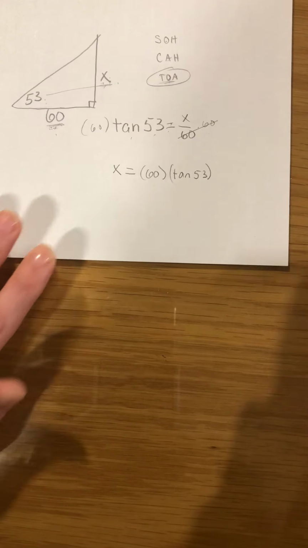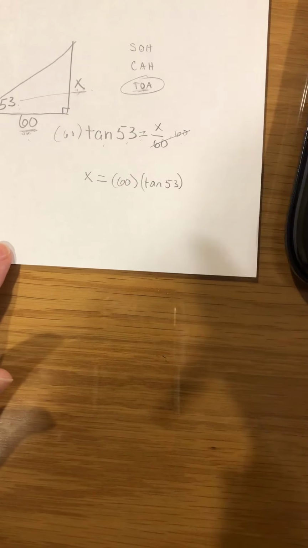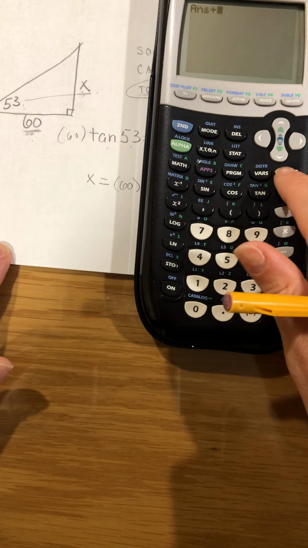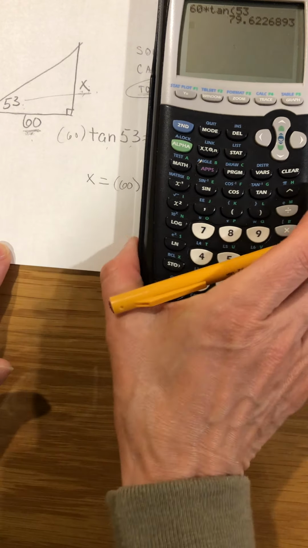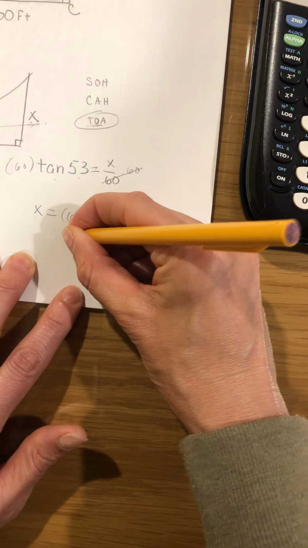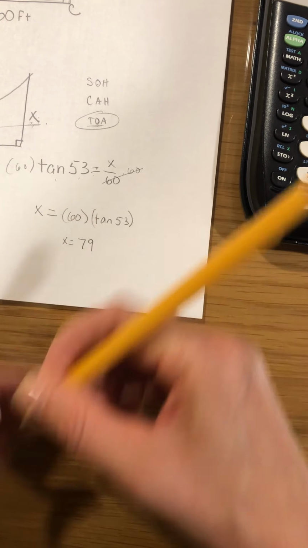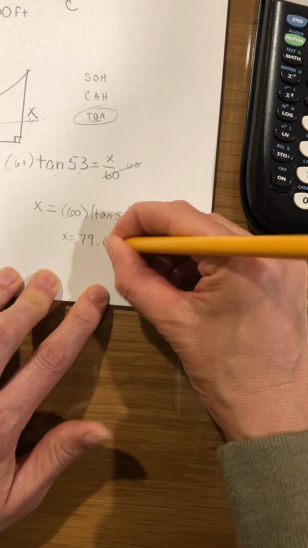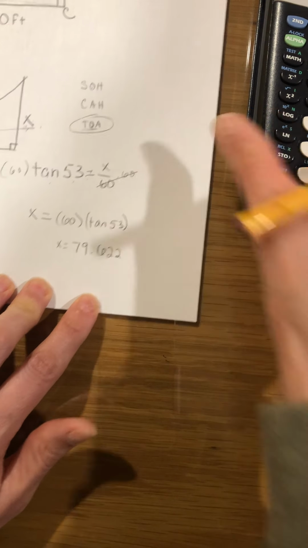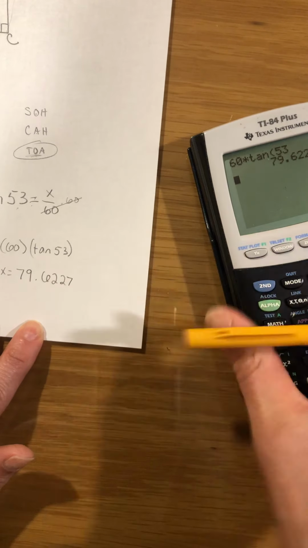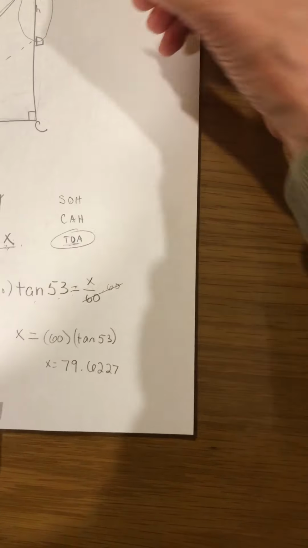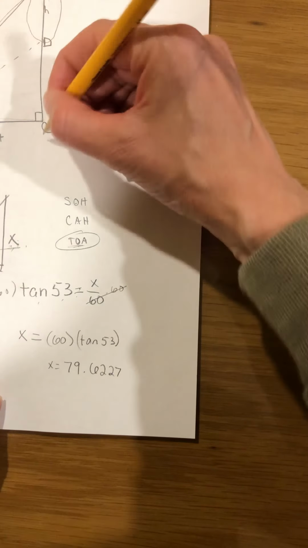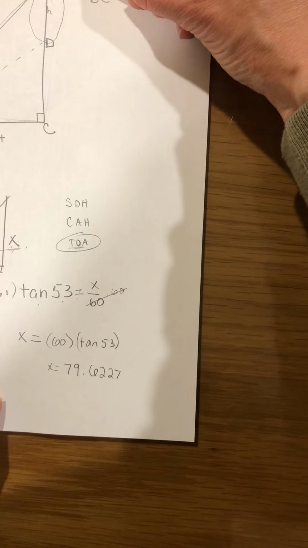And then you actually just put that in the calculator. 60 times tangent 53. 79.6227. I'll go to 4 decimal places because that's what the other problems asked for. So that was the whole thing. That was BC, the way I labeled it.